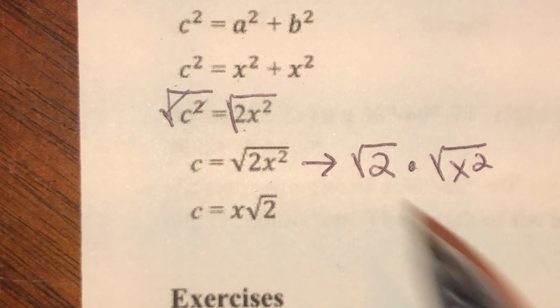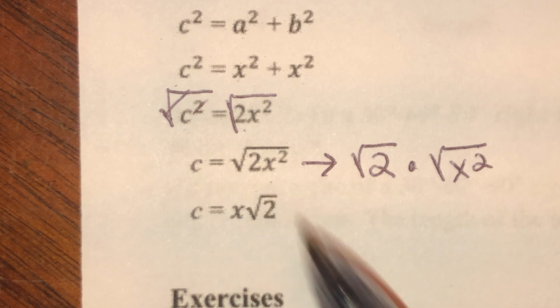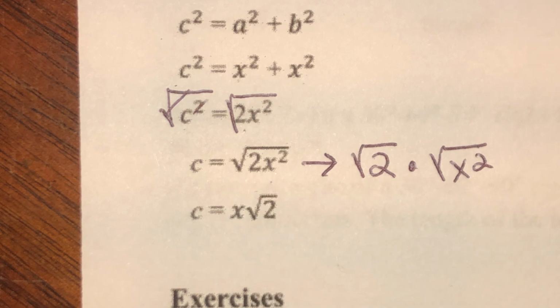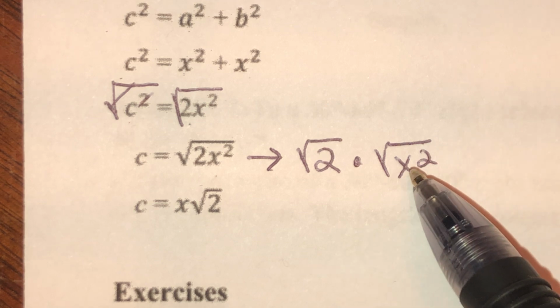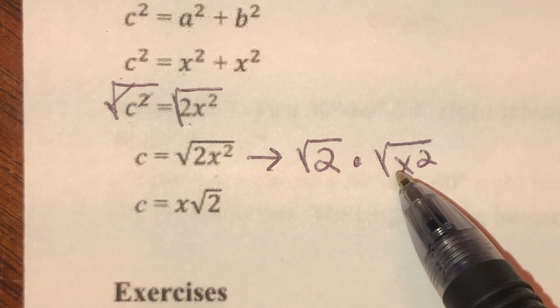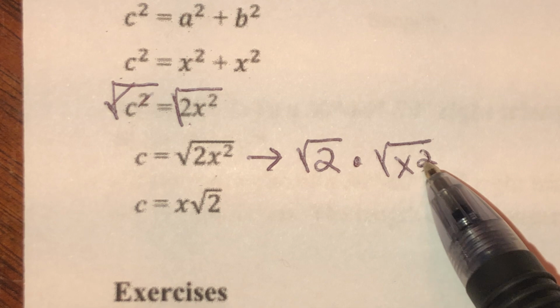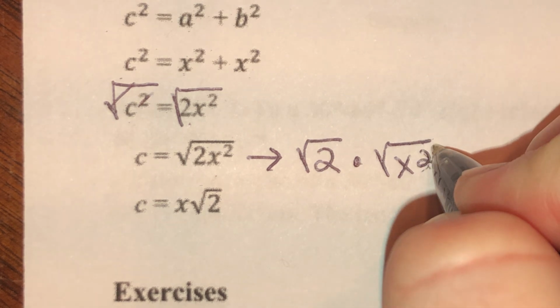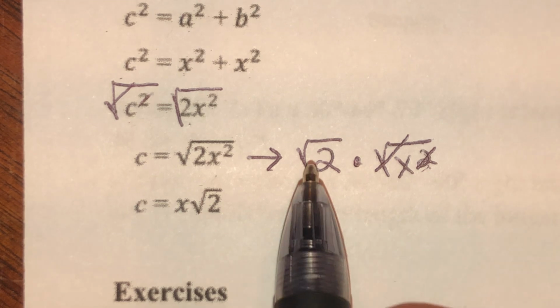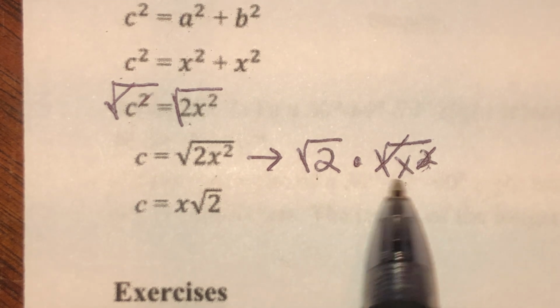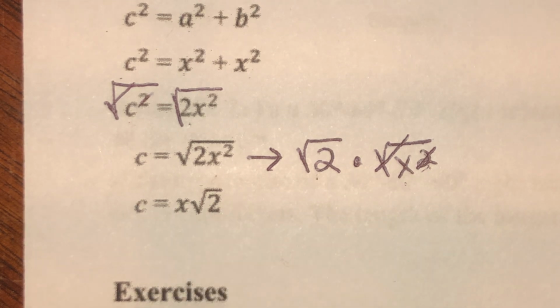That's one of the properties of radicals, that you can separate the factors into their own radical sign. Now I can't do anything with square root of 2, but the square root of x squared, anything with the little squared symbol, cancels with the radical. So this is just x. So this is square root of 2 times x, or x square root of 2.